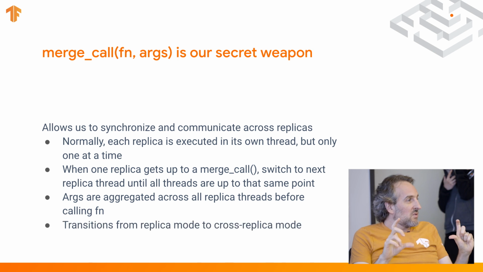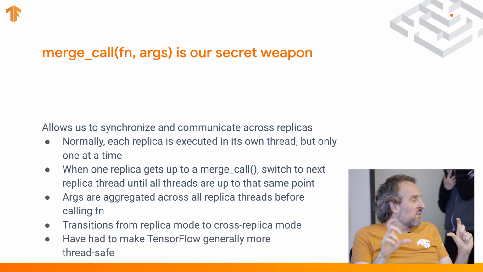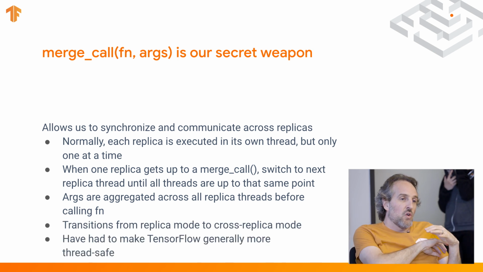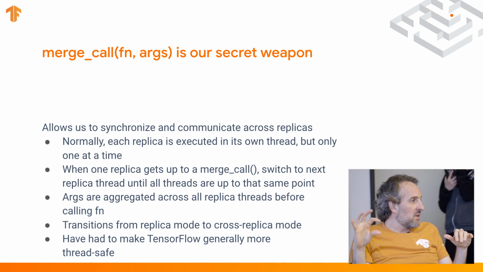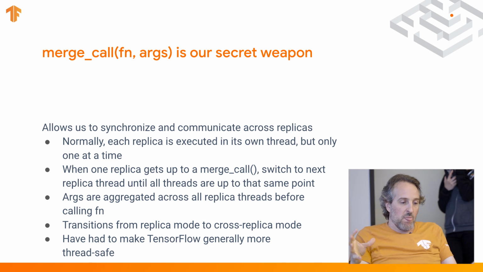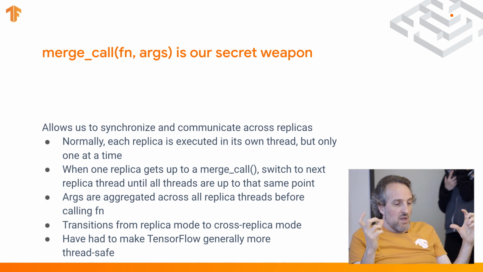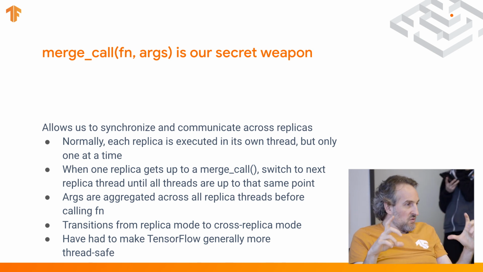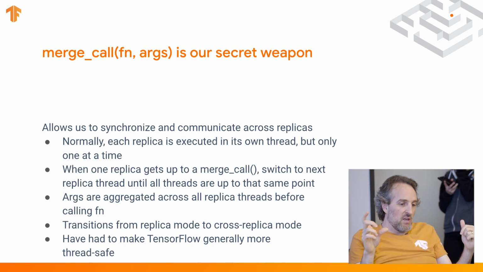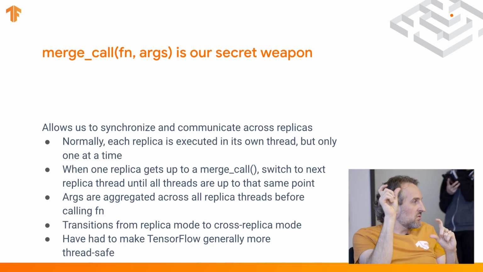It is basically our main tool for doing things that cross replicas when inside a per replica call. And so we can do synchronization or communication inside a merge call. And the way it works is when the mirrored strategy is running something on each replica, it's actually running each of those functions in a separate thread.